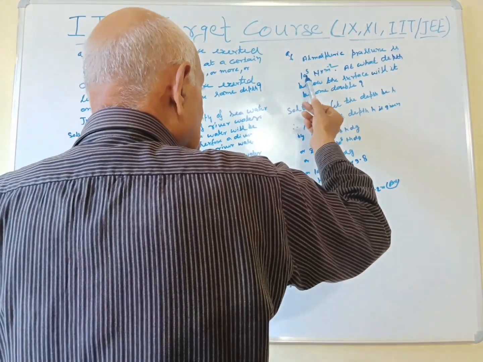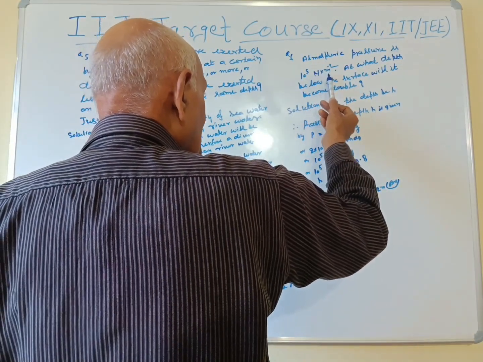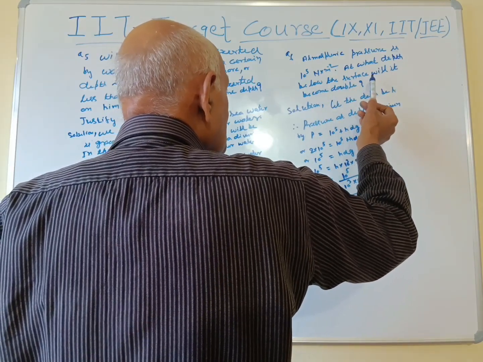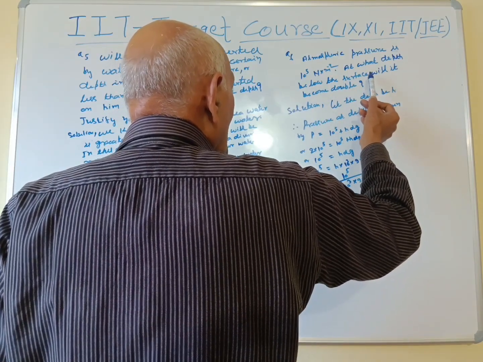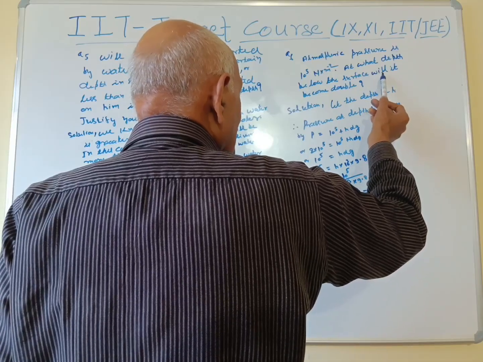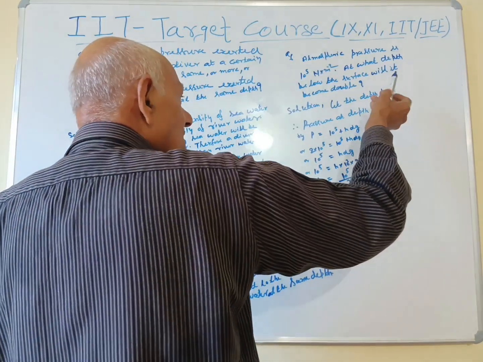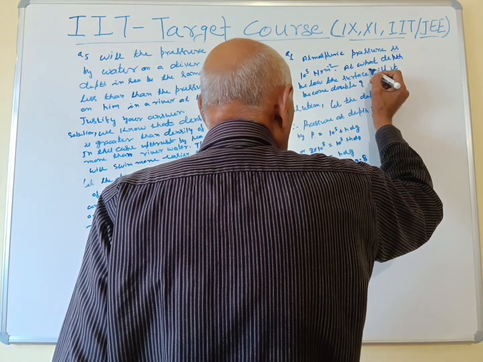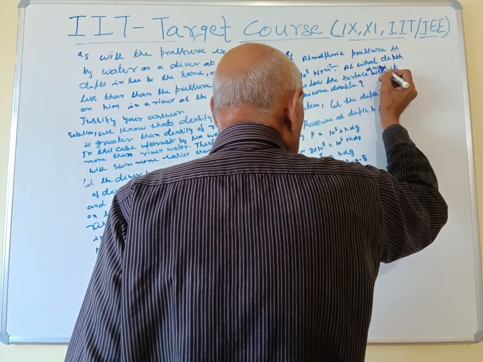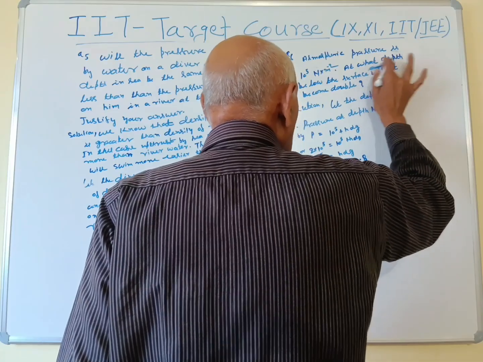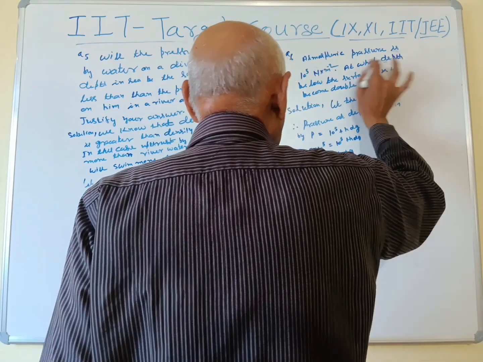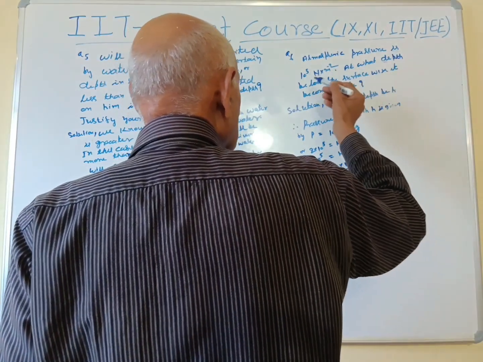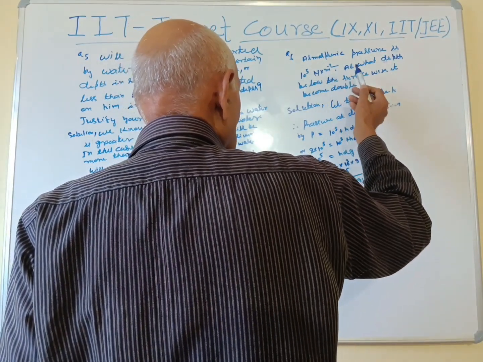Question 6. Atmospheric pressure is 10 to the power 5 Newton per square meter.